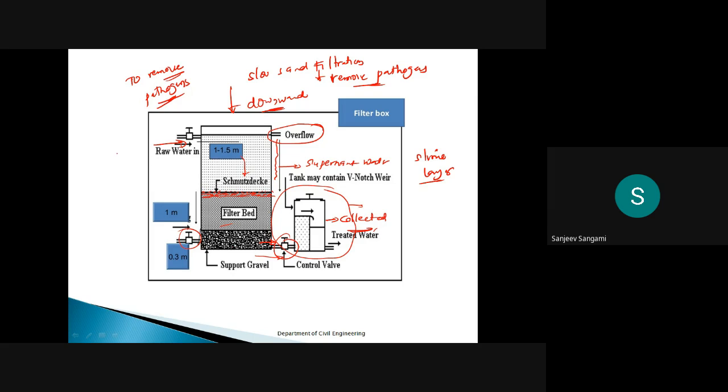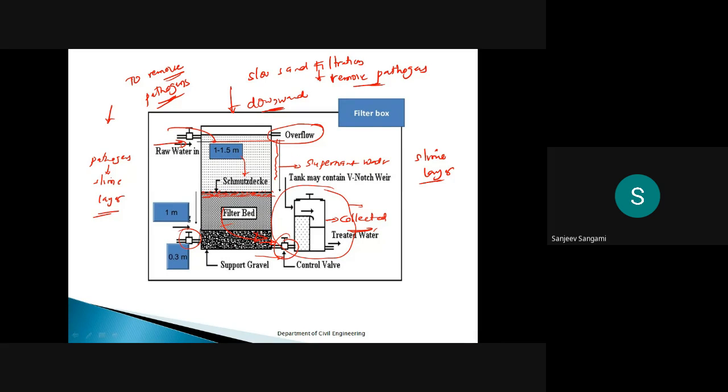It consists of many pathogens, and we can also call it a slime layer. The process is downwards. The water comes here, and after filtration, it goes like this.